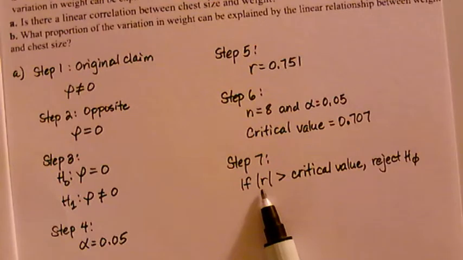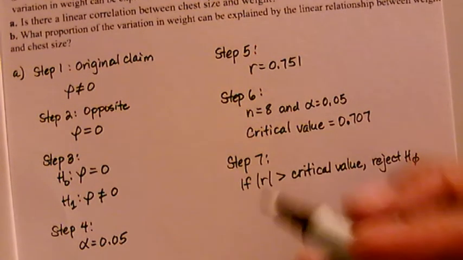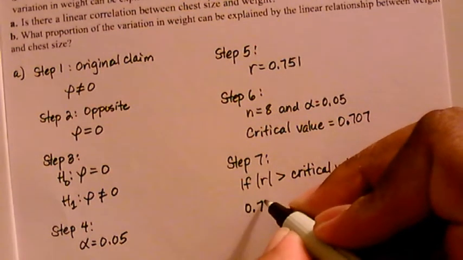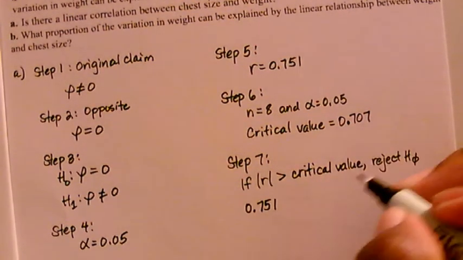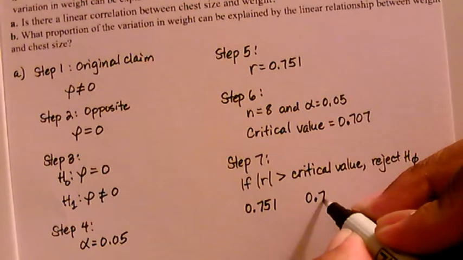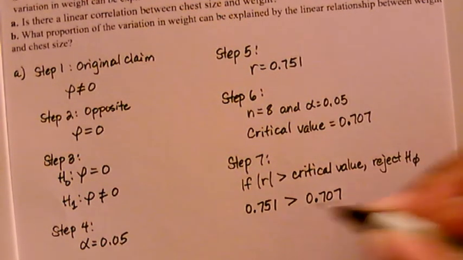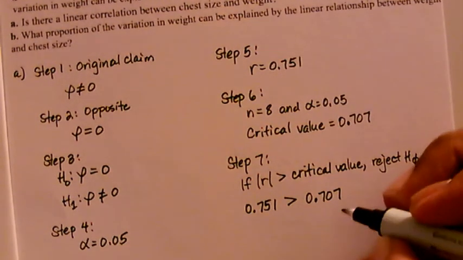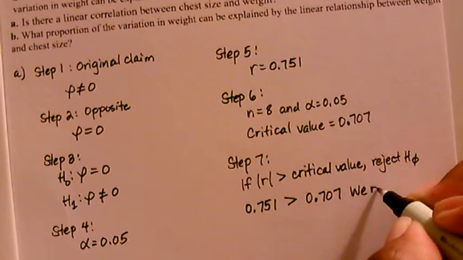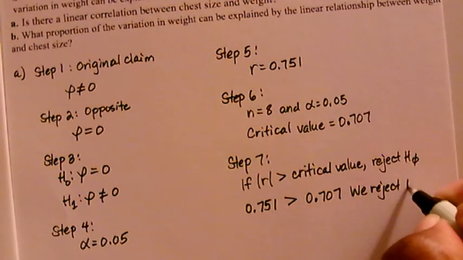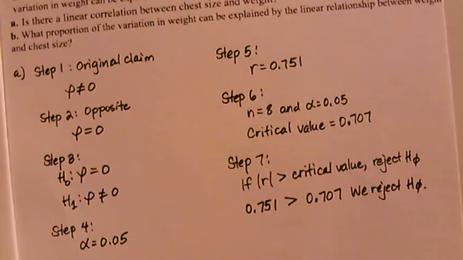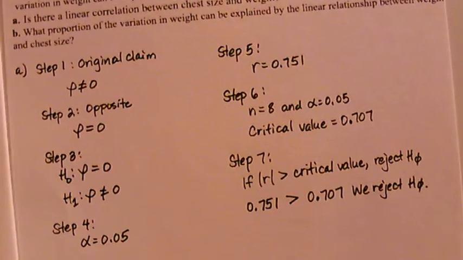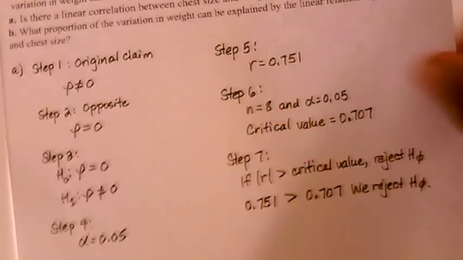So if you take the absolute value, it's going to be positive. So the absolute value of 0.751 would be 0.751. Now you're going to compare that with the critical value of 0.707. If you compare those two, you'll see that 0.751 is greater than 0.707. So here we can reject the null hypothesis.